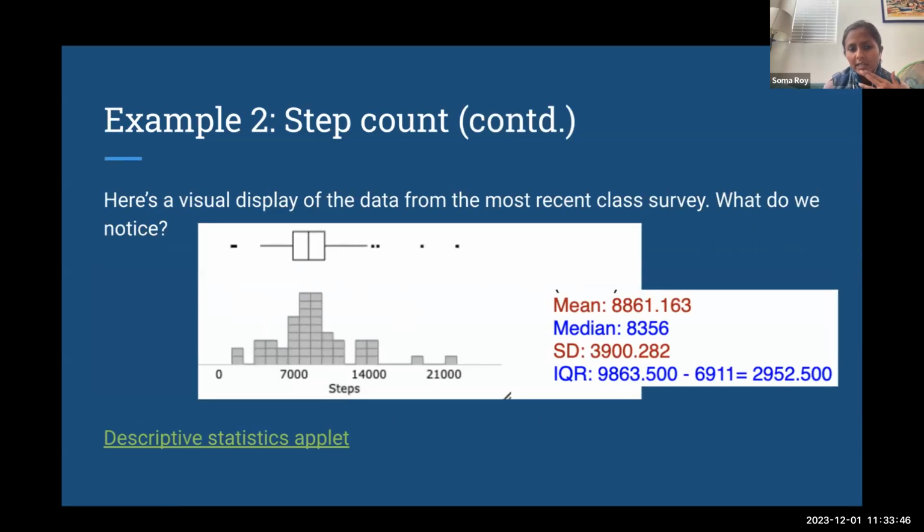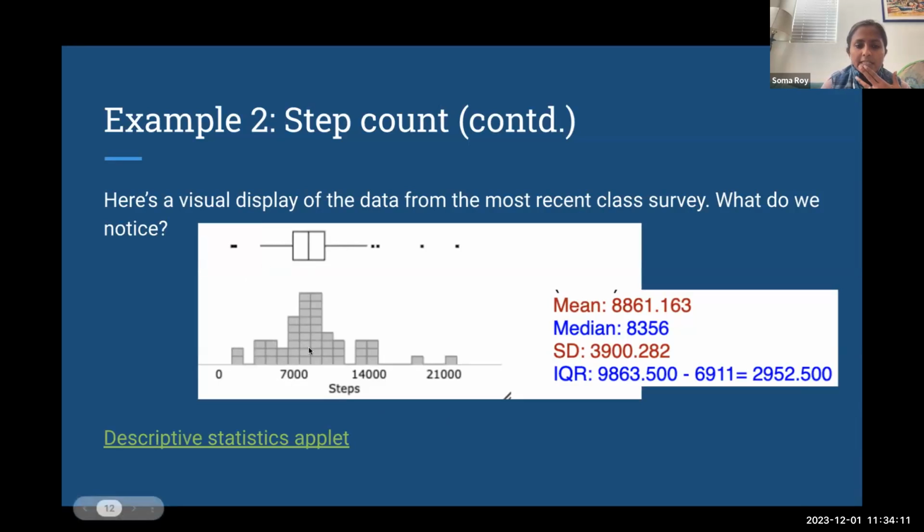Each of these little blocks is a student, and you can see the student was taking like 22,000 plus steps, and why or how is that happening? And then talking about all this variability. So what do you see? What do you notice in the distribution? You can talk about the histogram, you can talk about the box plot, and so on.